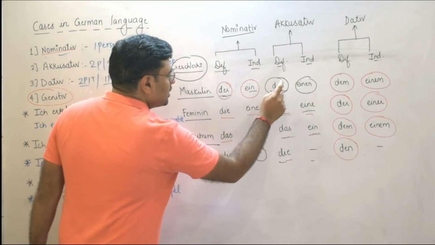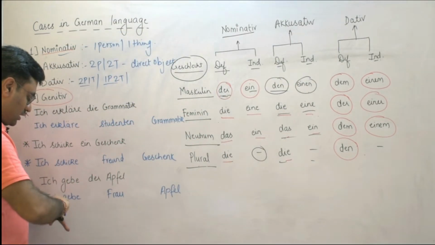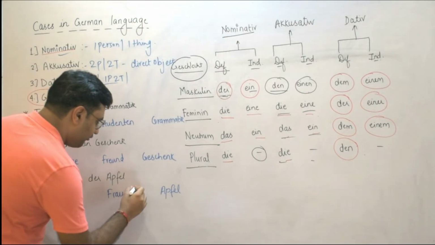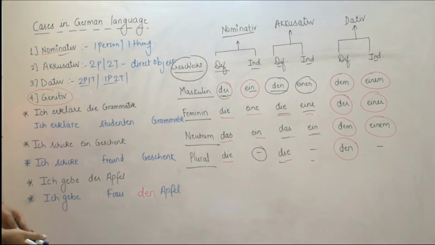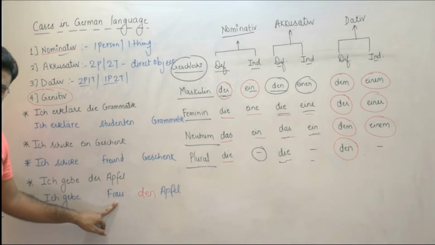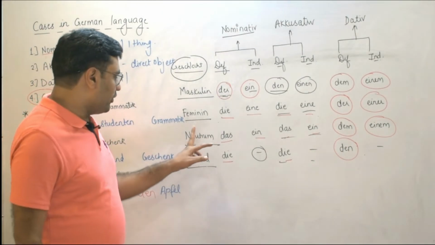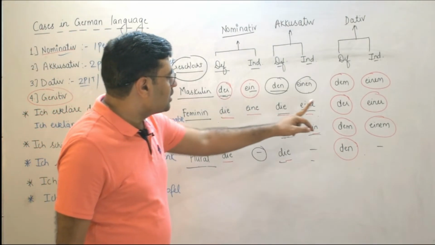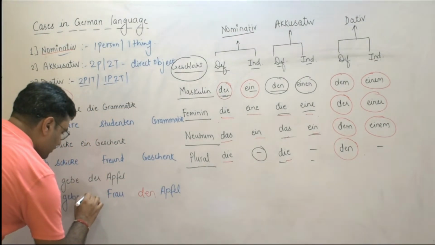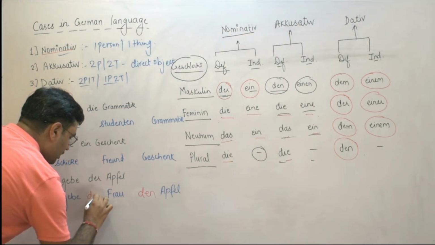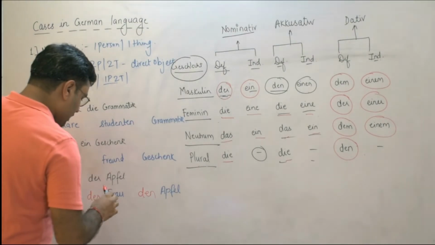So der becomes den in accusative. So what will be the article here for apple? Den. Now Frau is die Frau, meaning lady. It's feminine in gender. So for feminine, die becomes der. Ich gebe der Frau den Apfel.